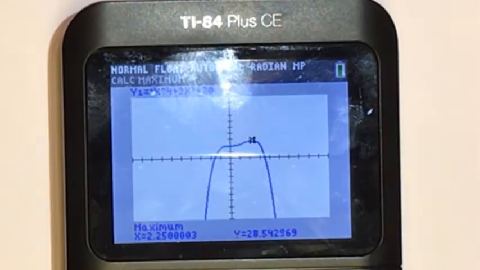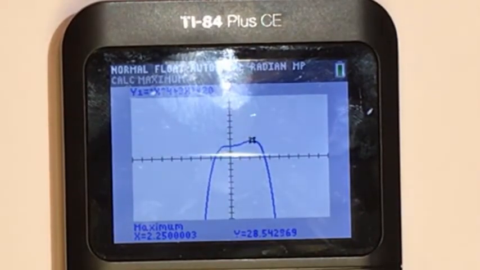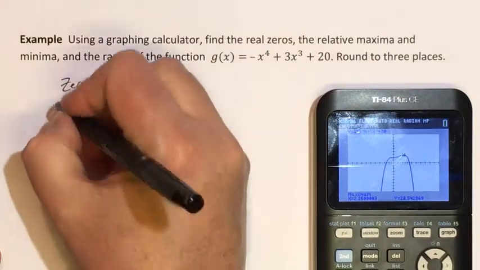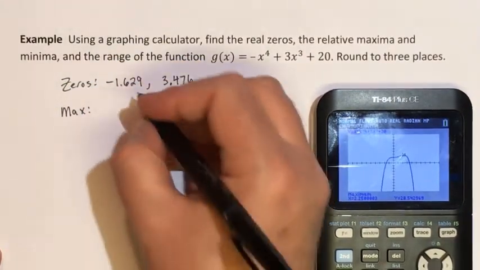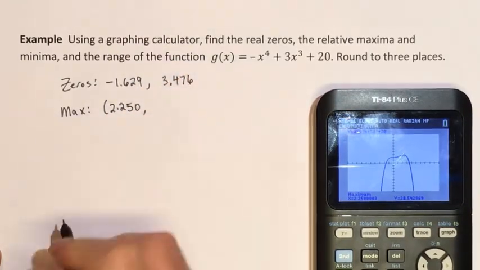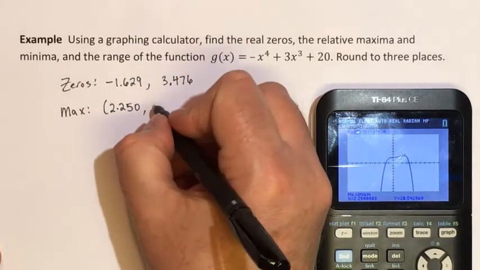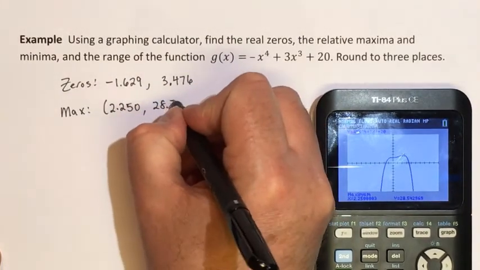And so that maximum is around 2.25, 28.543 if I round to 3 places. So we have a maximum point of, again, about 2.250, comma, 28.543.